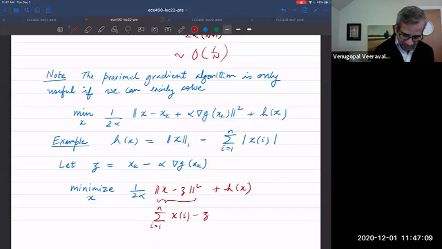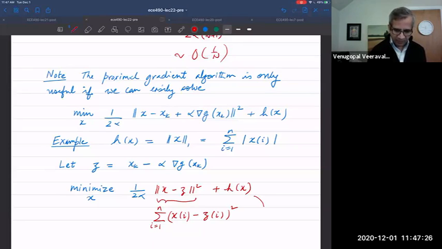That's how the norm squared, the L2 norm squared, is defined: the sum of the differences of the components squared. And this h is the sum of, actually I already defined that up there.